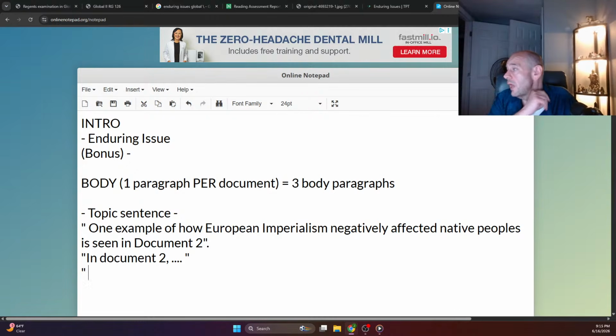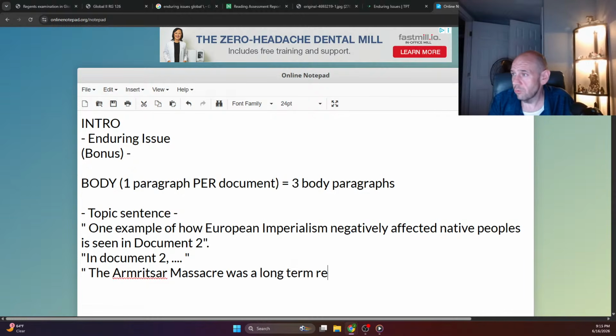Now, outside evidence beyond the document. Here's the kind of stuff you can do, right? So you can say something like this. The Amritsar massacre was a long-term result of the arrival of the British in India.